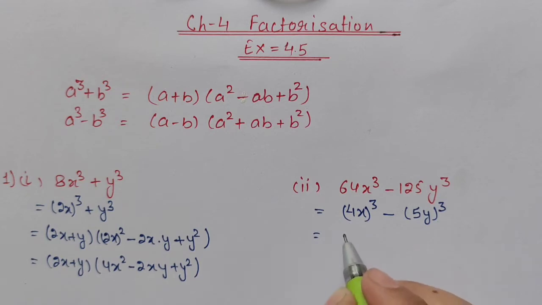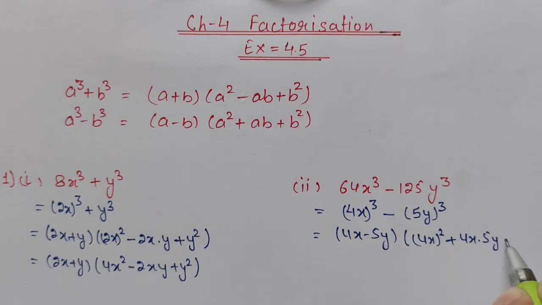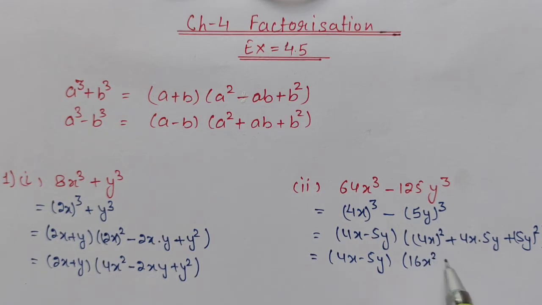This will be equal to (a minus b), 4x minus 5y, then a square (4x) whole square, plus ab, 4x into 5y, then (5y) square. A little more we can simplify: (4x minus 5y) and this will be 16x square, 4 into 5 is 20xy, and 5 square, (5y) whole square, means 25y square.